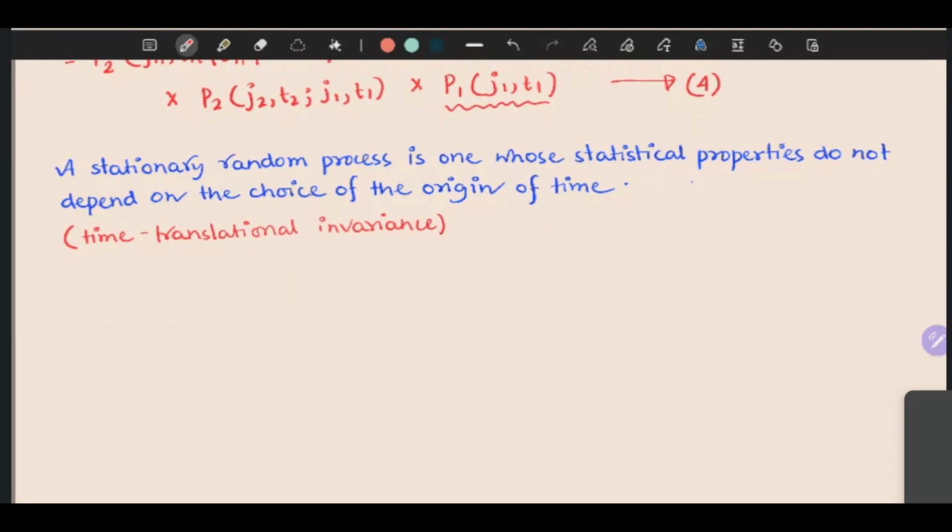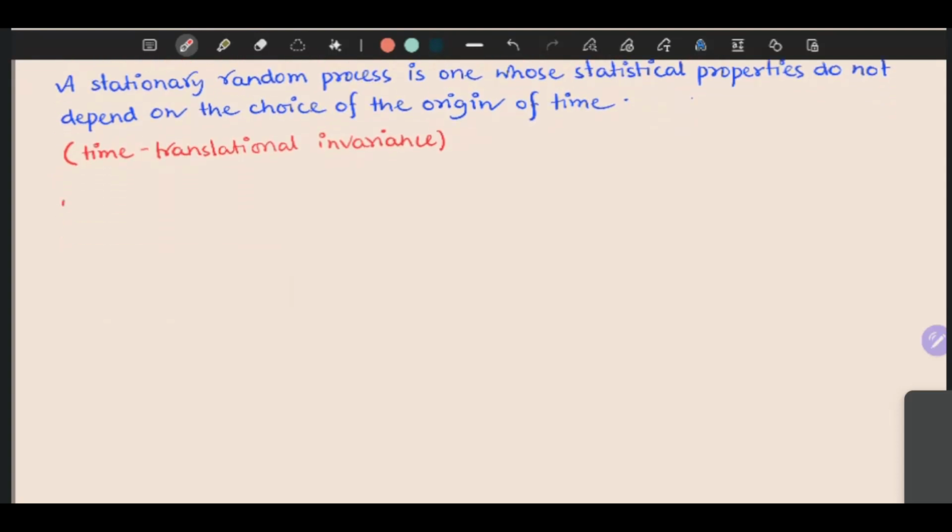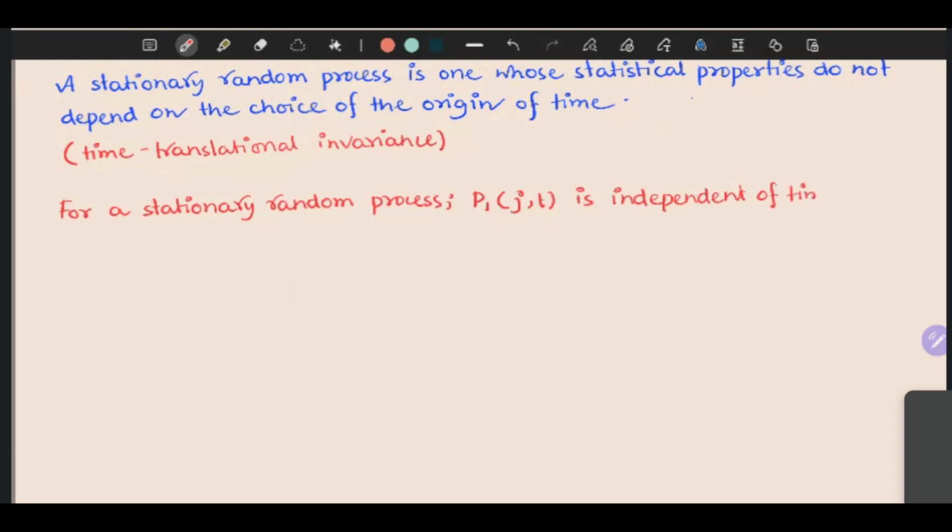So for a stationary random process, P1(j,t) is independent of time.